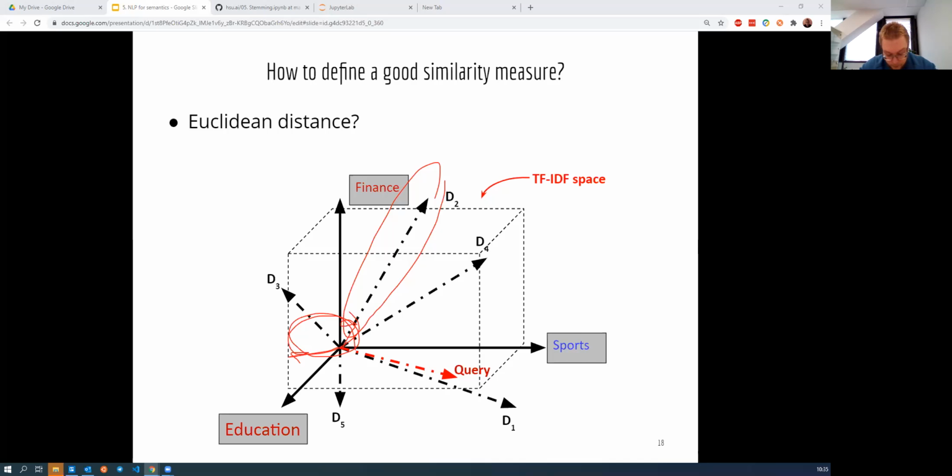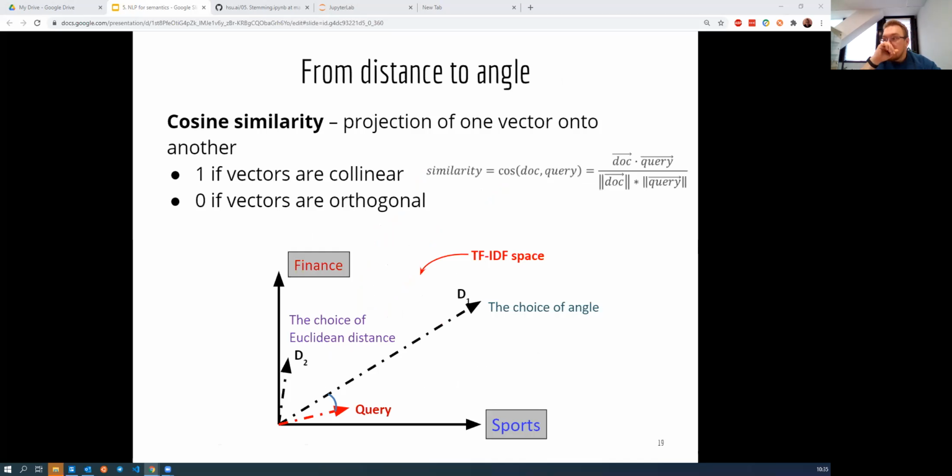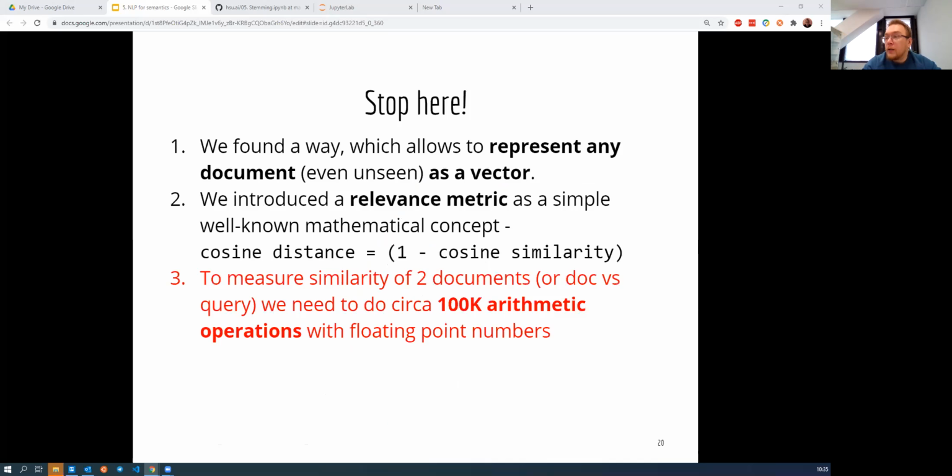So some metrics should be wisely chosen with respect to the way you define the importance, the weights. That's why cosine similarity looks like an interesting choice, because it accounts for the fact that the vectors can be of different length. So here is the definition, and let's stop here.